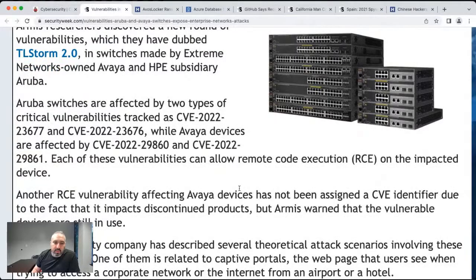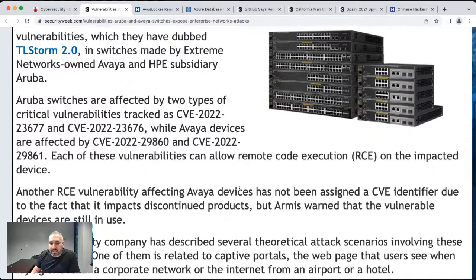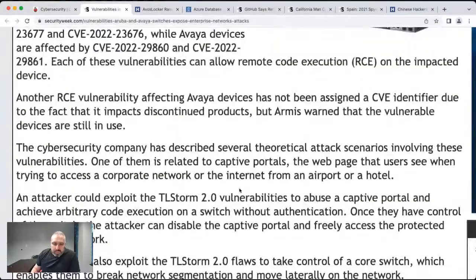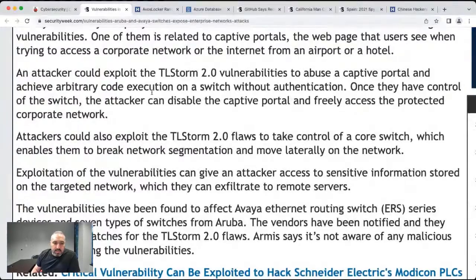Another RCE vulnerability that affects Avaya devices has not been assigned a CVE yet because it impacts a discontinued product. So end-of-life products that go out of style, typically also legacy systems, are where they're the most vulnerable. Vulnerabilities have been found. There are a few workarounds for this as well. So make sure you get these vulnerabilities taken care of.